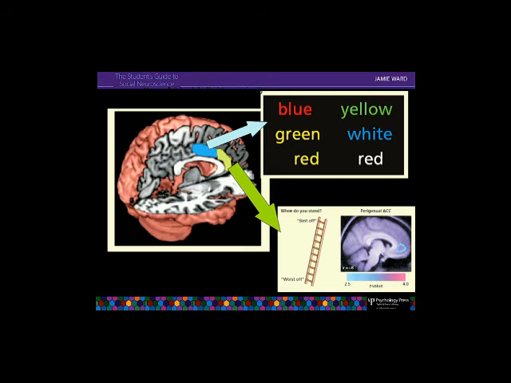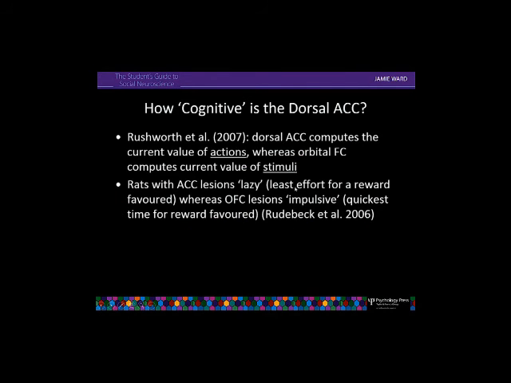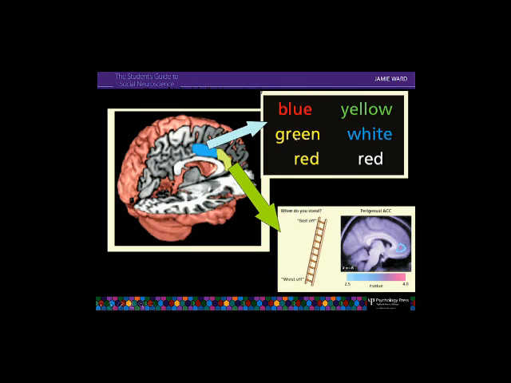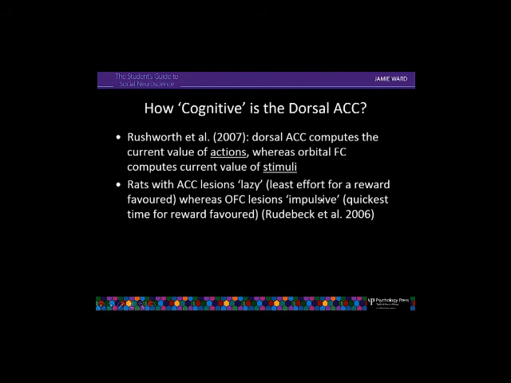So one possibility, particularly for this region involved in the Stroop, is that it's involved in computing the value of actions, where the orbitofrontal cortex is involved in computing the value of stimuli. An action would be a response, such as, am I going to make an error, for instance, but it could be other things as well. And if you contrast the different lesions in these two regions, again in rats rather than humans, if you've damaged your orbitofrontal cortex, you become impulsive.